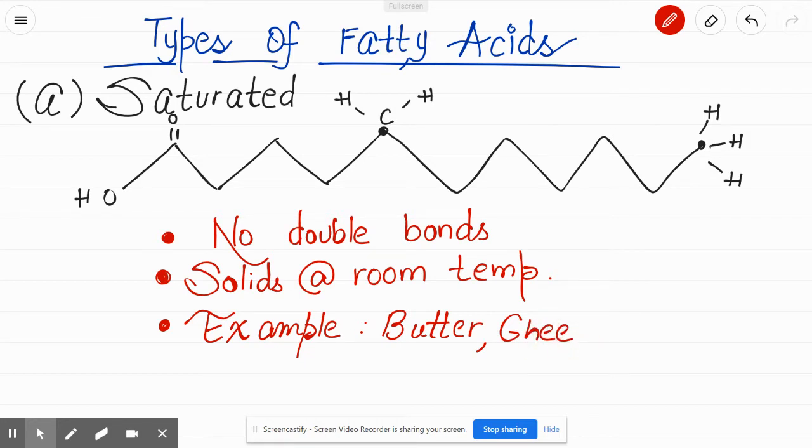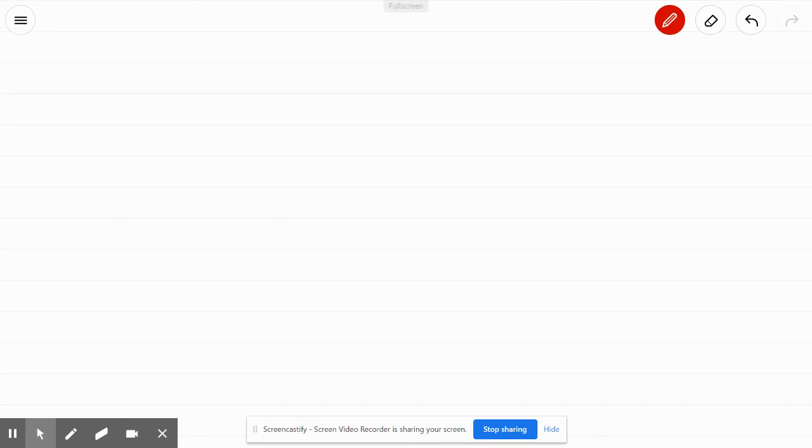Ghee is basically clarified butter, and it is used a lot in Indian cooking. All right. Next, we are going to take a look at the second type of fatty acid, which is unsaturated.